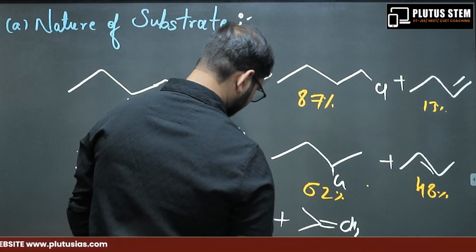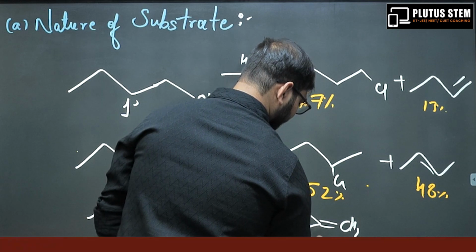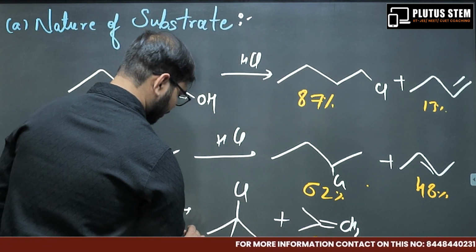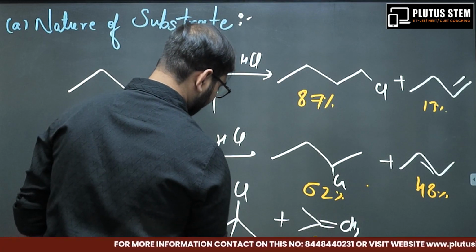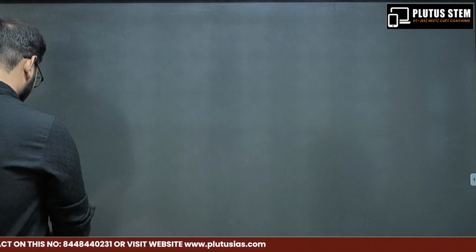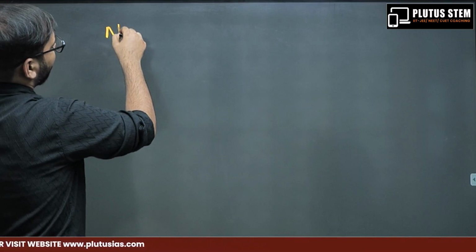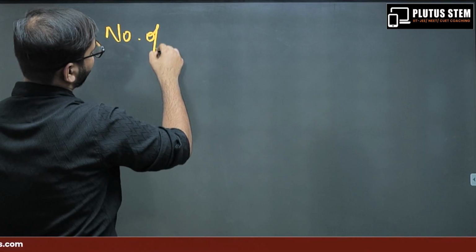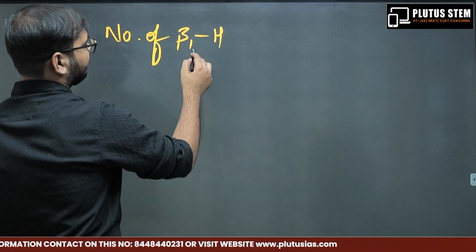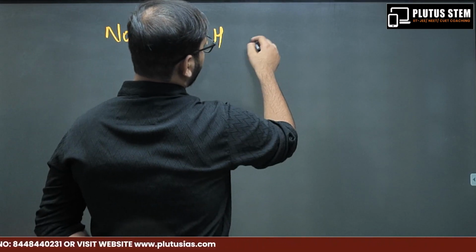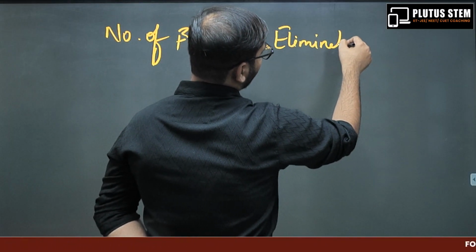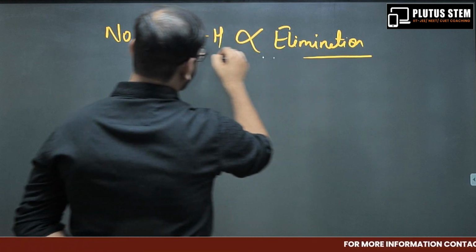For the tertiary one, the elimination product goes to about 81% and the substitution product remains only about 19%. Why is it so? It can be explained by the number of beta hydrogens, since as in E2, the number of beta hydrogens directly relates to the tendency of the molecule to take part in elimination.